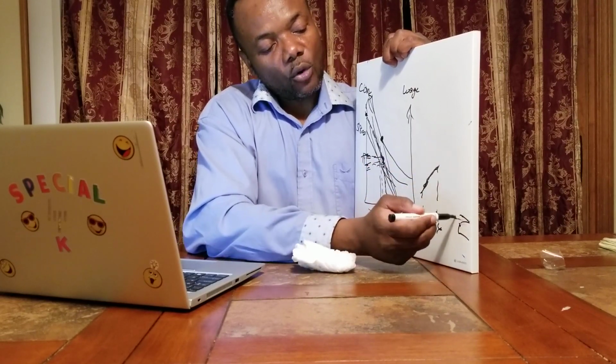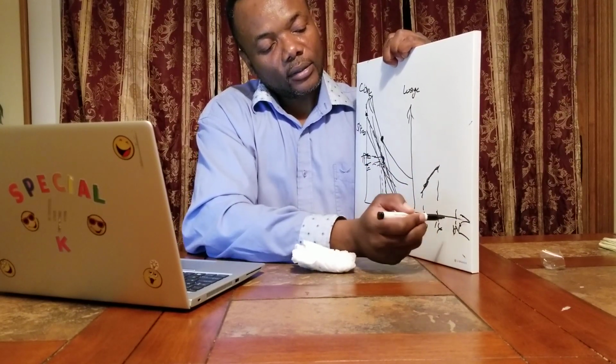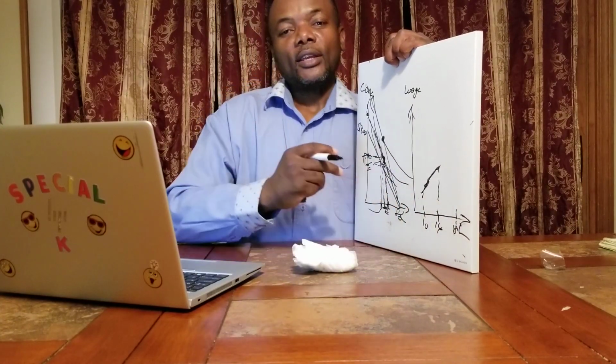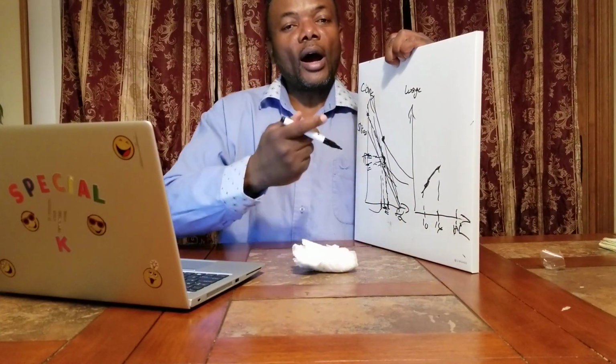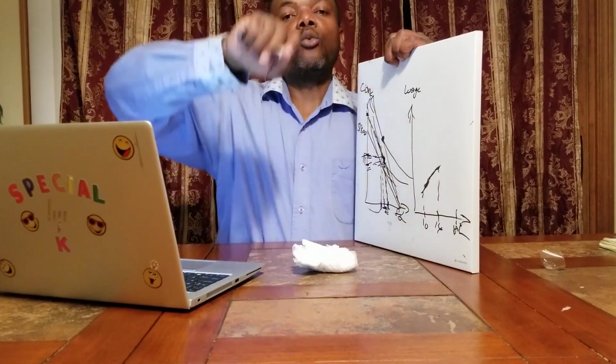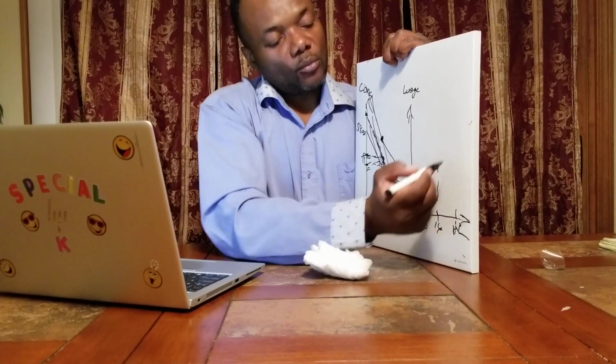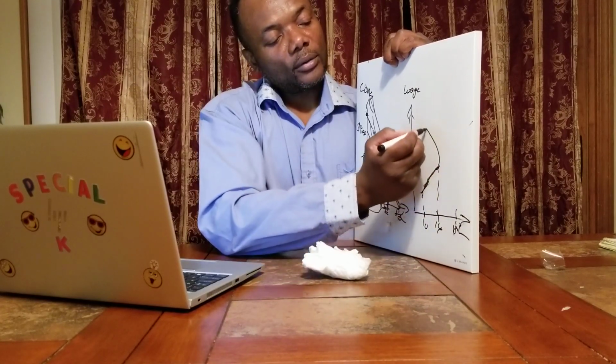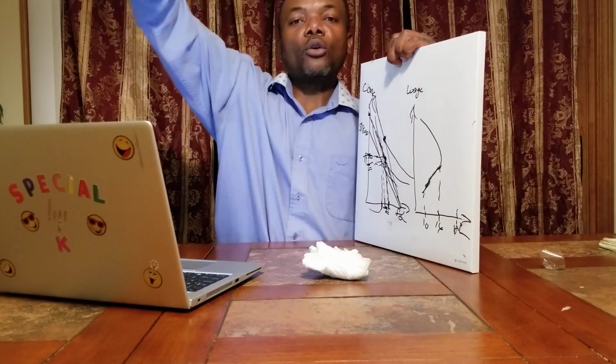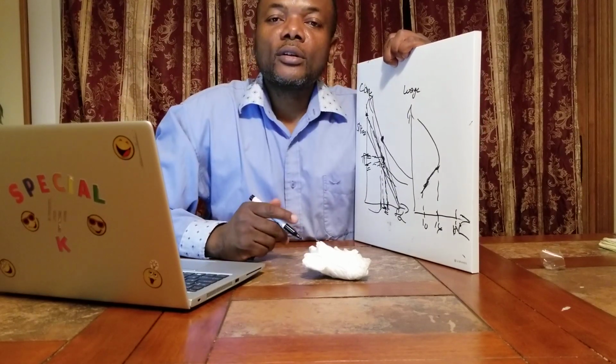But when I go up to 18, it's not going up anymore. It becomes backward bending. So your labor supply curve is not up anymore, but it turned around here. That's what we call the backward bending labor supply curve.